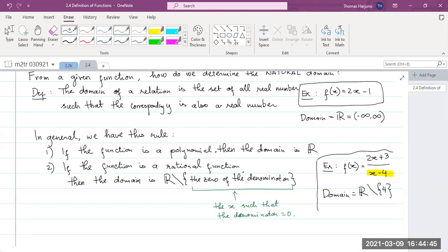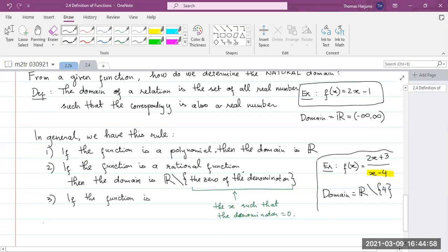Okay, now the third one, if the function is a radical with even index, like square root, the fourth root, sixth root.